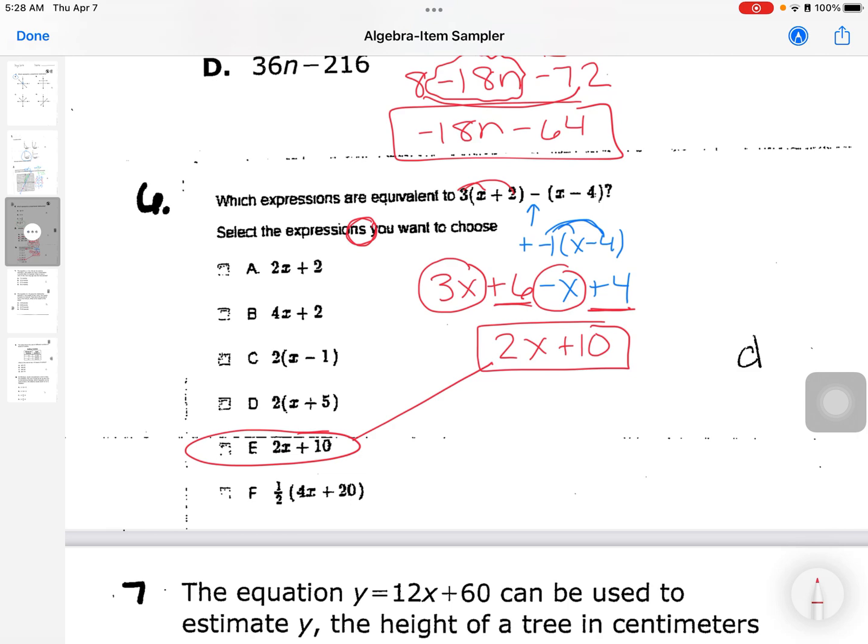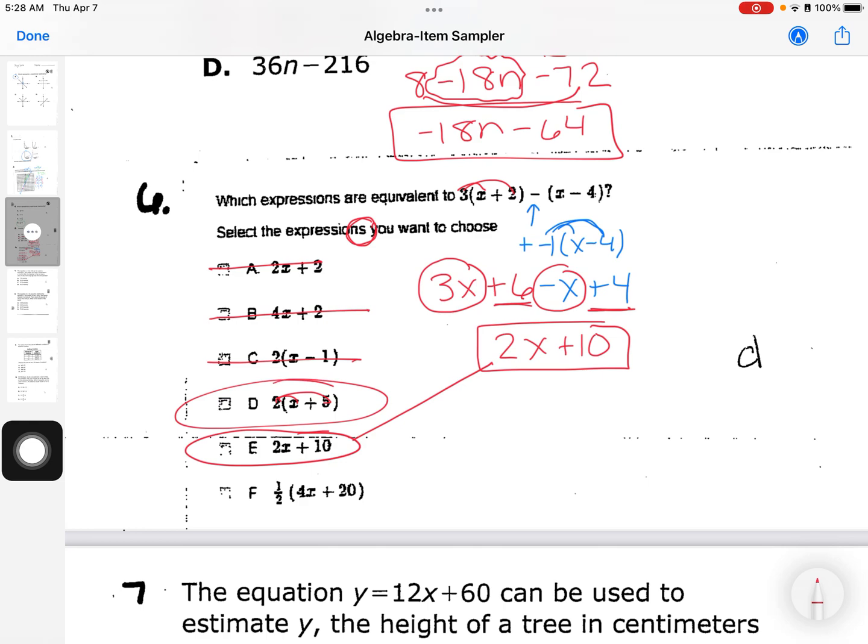Now we have to look at the other ones. Well, this one is adding 2. This one has a 4x instead of a 2x. If I distributed the 2 here, I get 2x minus 2. What if I distribute the 2 here? 2x plus 10.